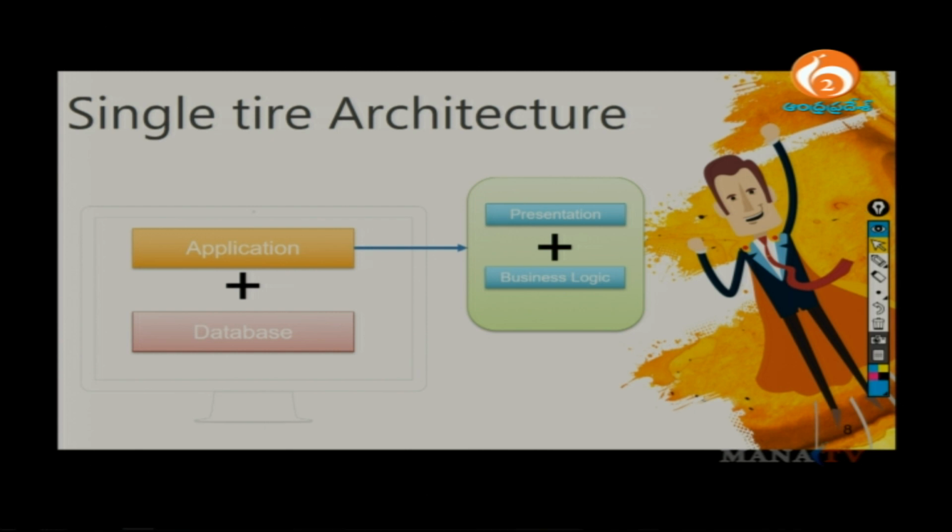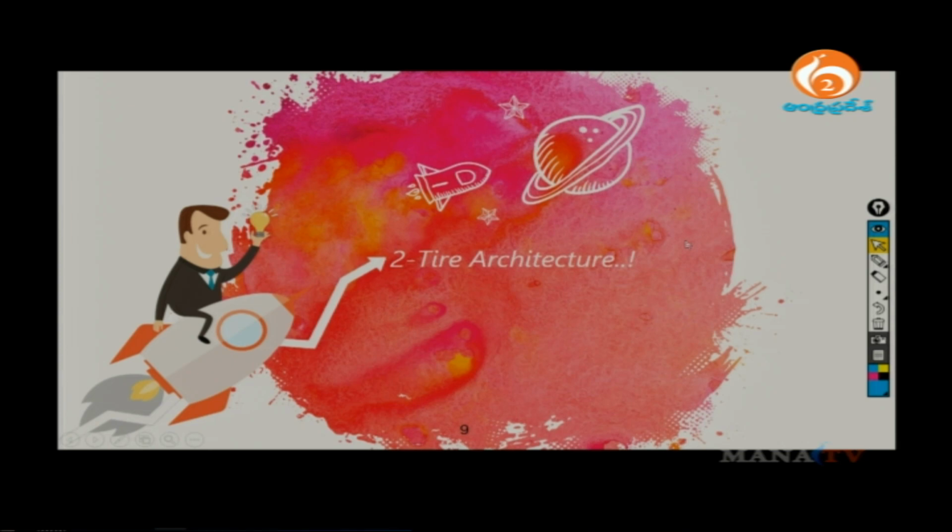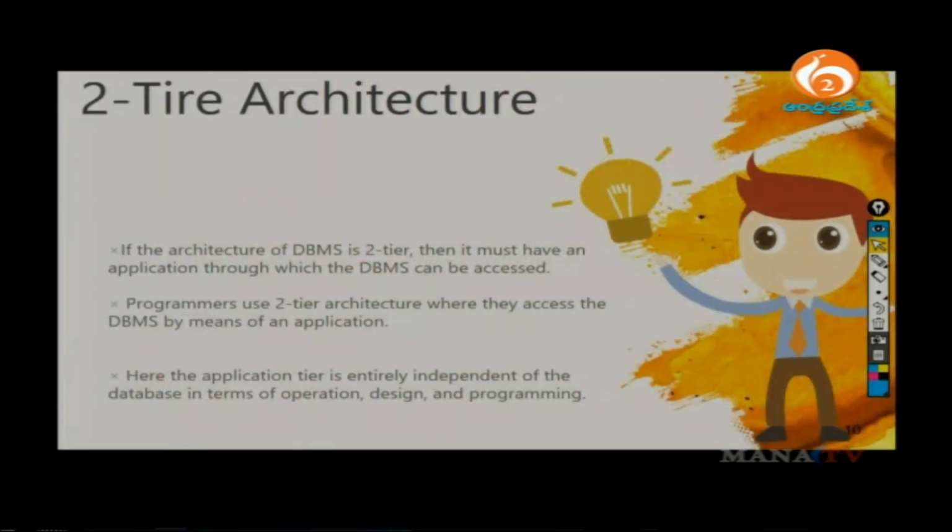All right, is everyone done? Yes. Now let me go to two-tier architecture. What does this two-tier architecture contain? If the architecture of a DBMS is two-tier, it means I decided that I want to design a two-tier architecture for this application, because I have a requirement.